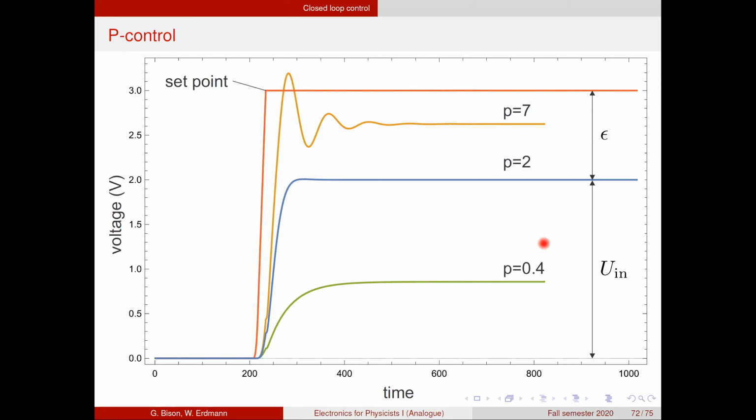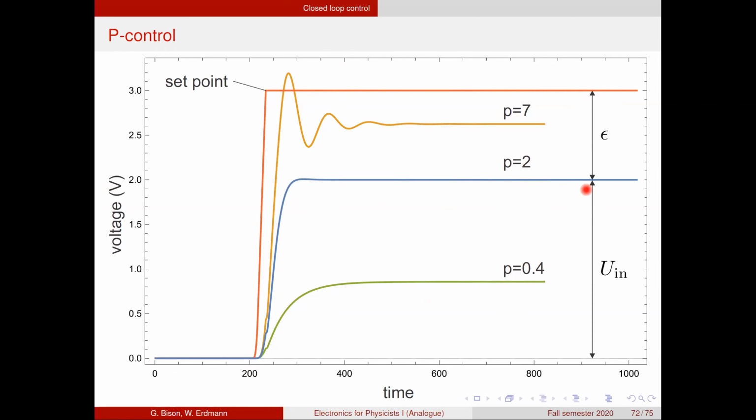Now, if we have a really, really low gain, so a small proportional amplification, then what the regulator does is it goes up a little bit, but not really a lot. Now, if we increase this gain, it comes closer to the set point. So it tries to minimize the distance to the set point, but not really very close.